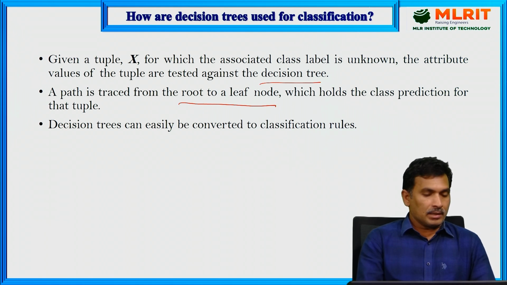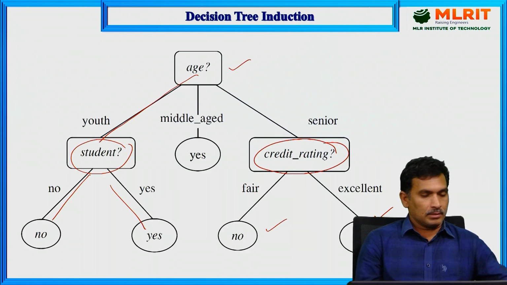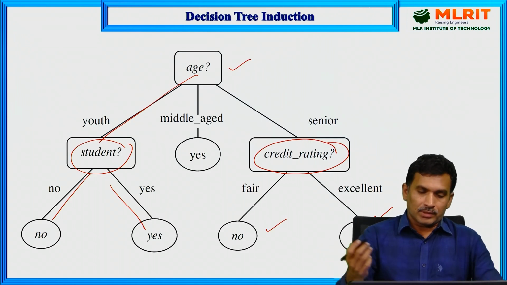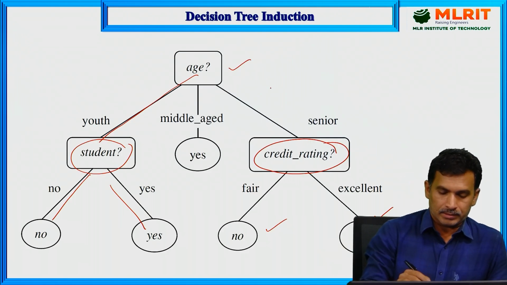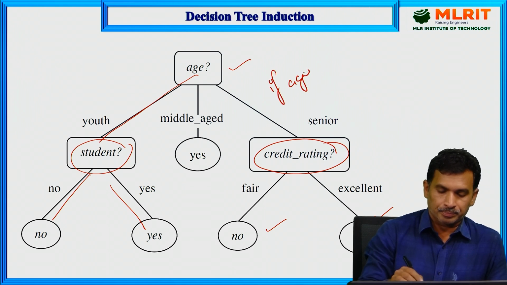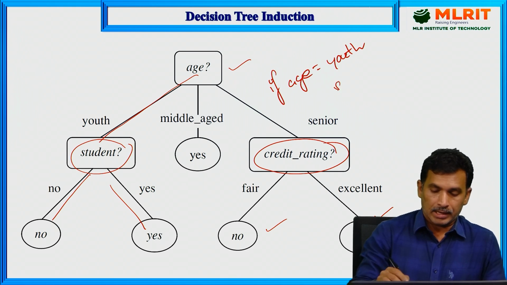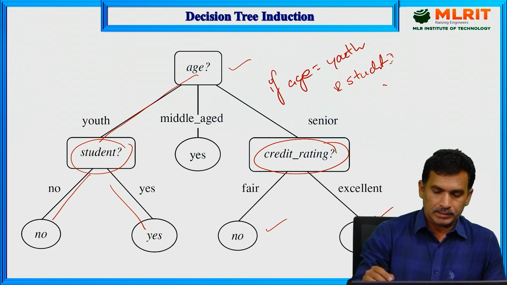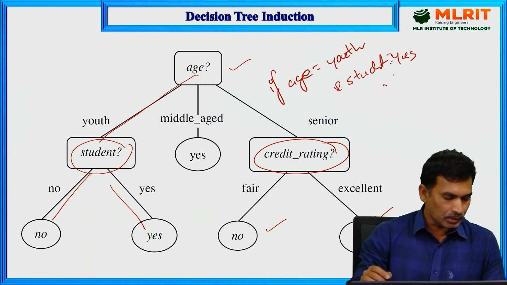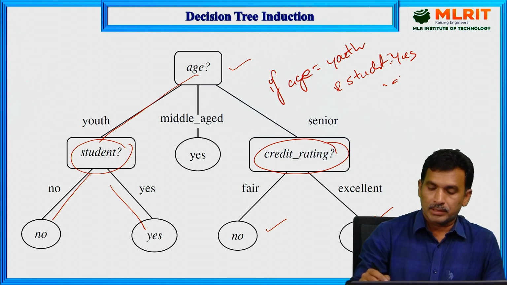Decision trees can be easily converted to classification rules. Suppose in this case we convert this decision tree into classification rules: if age equals youth and student equals yes, then the outcome would be yes.